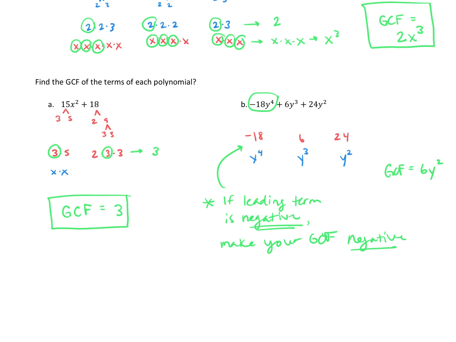So the GCF is going to be negative 6y squared. That's something that if you get in the habit of now, moving forward with our factoring lessons for the rest of the chapter, you're going to want that GCF to be negative if you have a negative leading term.